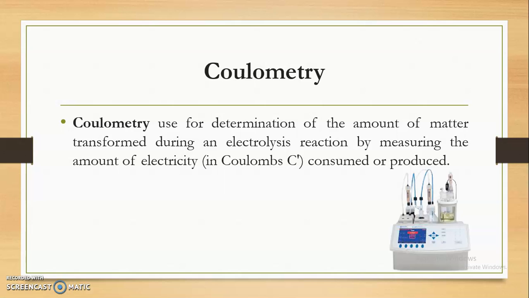So this is the technique where we can study the rate of an electrolysis reaction. Specifically, it is used with Karl Fischer reagent, where we can determine the amount of water present. This is the typical example of coulometry, used for the determination of electricity that is consumed or produced.